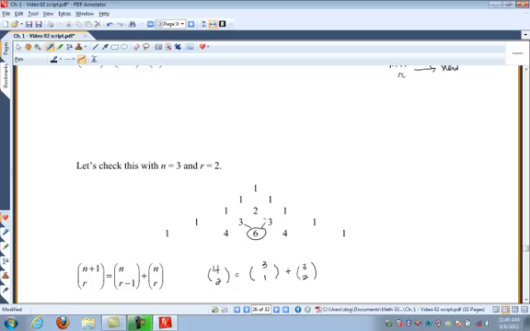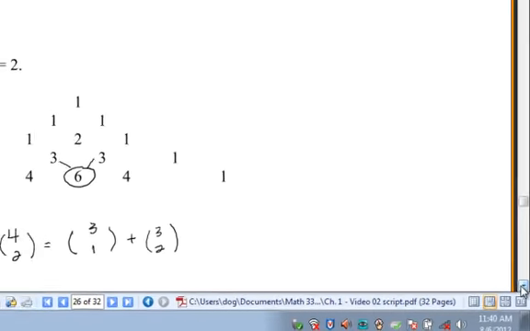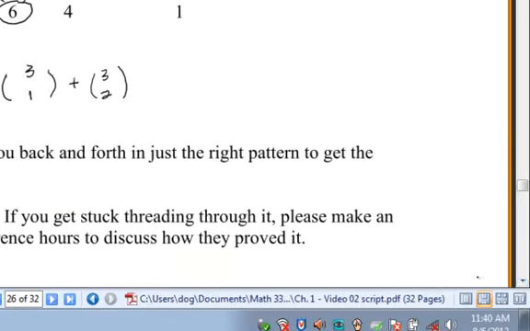Now, the justification steps are worked out in the book, and they're very interesting. If you get stuck threading through it, make an appointment with me or come by my conference hours to discuss how they proved it. Let's look at Popper 02, question 8.